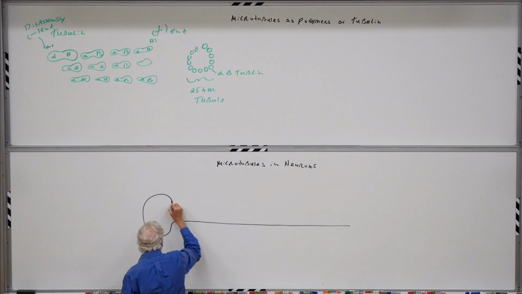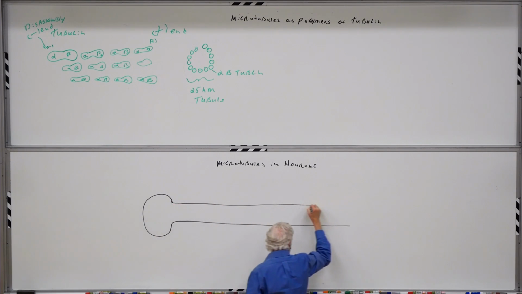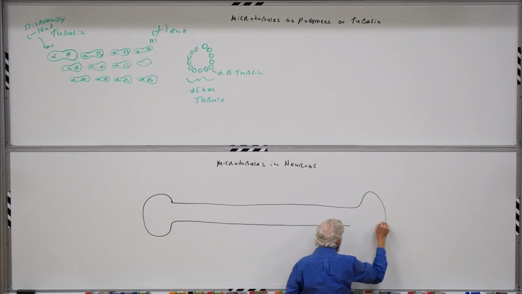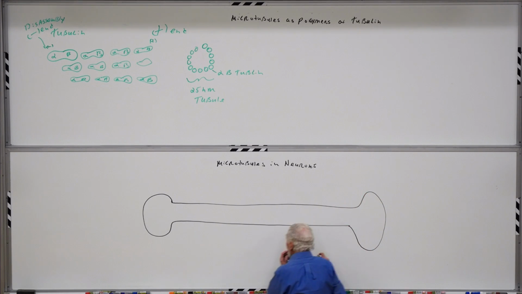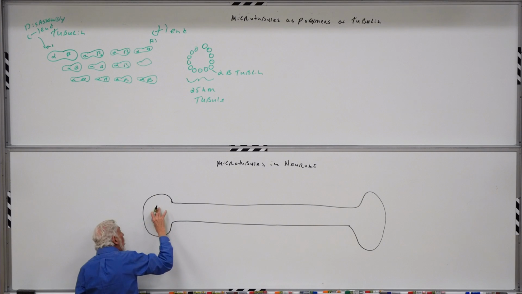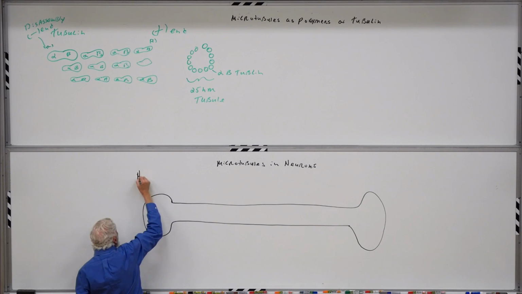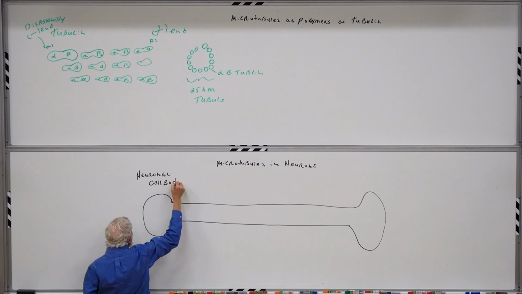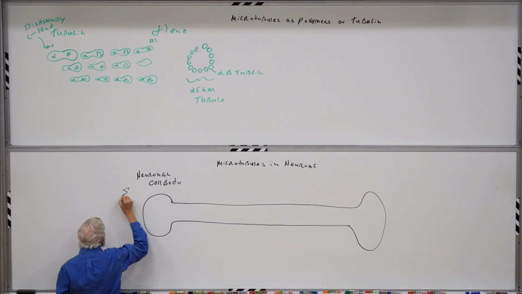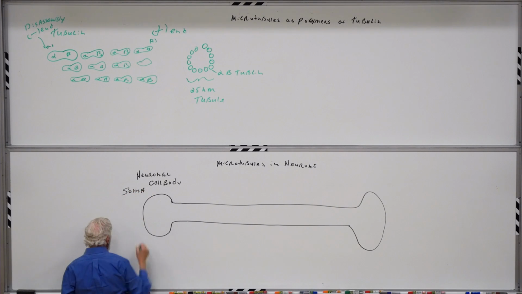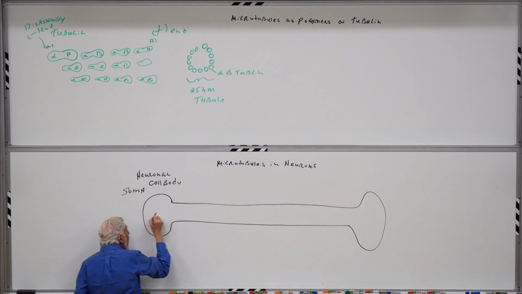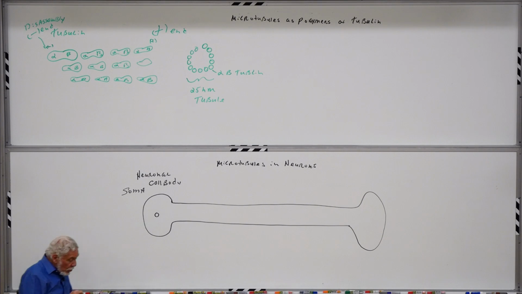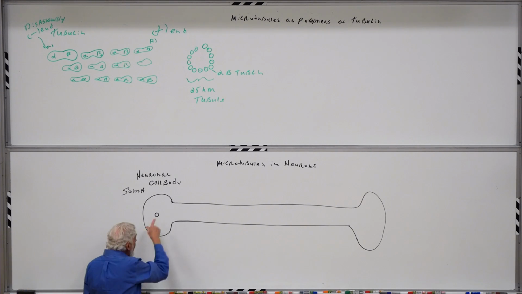is to say that this region up here, this bulbous section, is said to be the neuronal cell body, sometimes known as the soma. It's characterized by many of the structures we talked about last week. There's a nucleus.